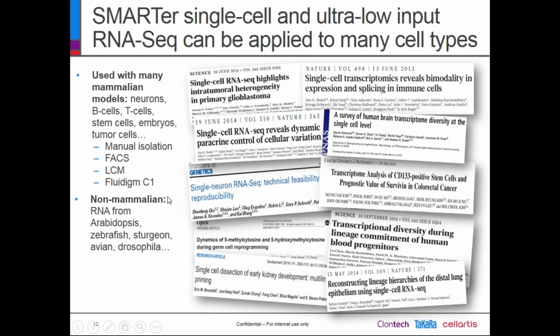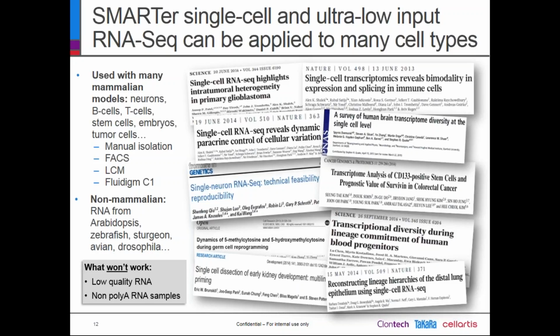It has also been used with non-mammalian samples, and that's important to know, because maybe you are not working with mammalian, maybe you're working with another eukaryote. So the kit will work with any eukaryote material, because as long as it is polyadenylated, it should work. What you can't use with SMART-Seq V4 is two different inputs. The first is low-quality RNA, because if your RNA is degraded, normally the RNA degradation starts at the extremities.